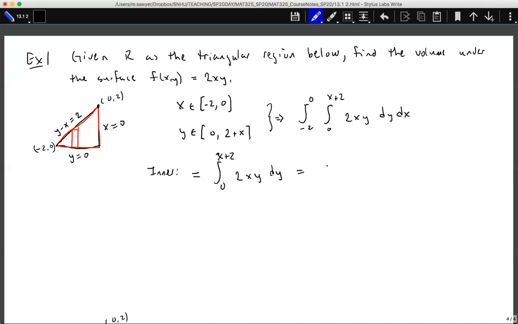This gives us x y squared evaluated from 0 to x plus 2, which gives us x times x plus 2 quantity squared minus x times 0, so we get this piece.